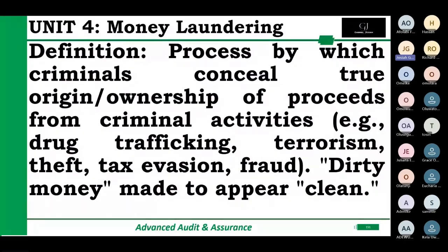It's a process by which criminals conceal true origin, ownership of proceeds from criminal activities. So for example, drug trafficking, terrorism, theft, tax evasion, fraudulent activities, monies and proceeds gotten from dirty activities, they launder it to make it appear clean. So that's generally the concept and definition of money laundering.